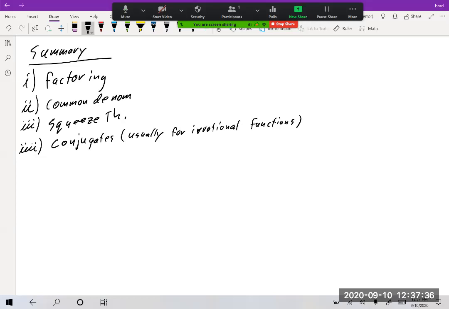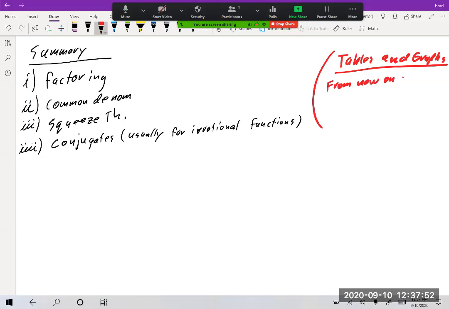Now, we also know that tables and graphs work really well. Okay, tables and graphs, but from now on, or I shouldn't say from now on, but we will use the techniques on the left.